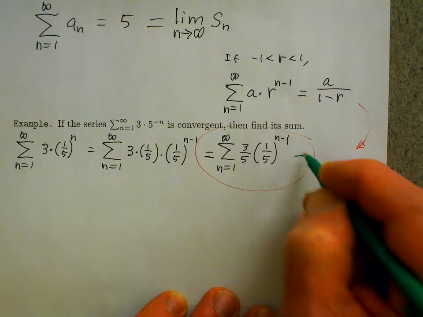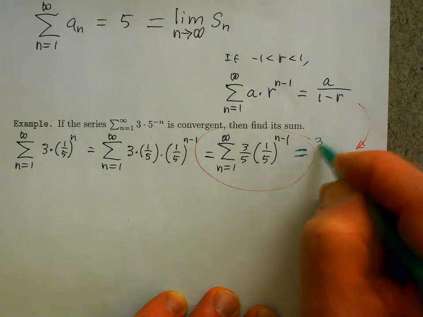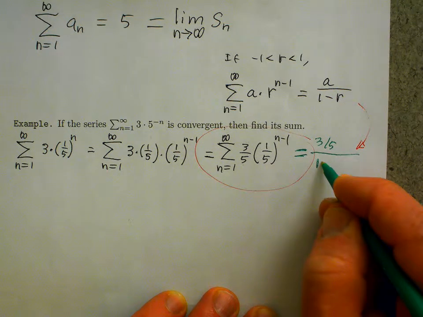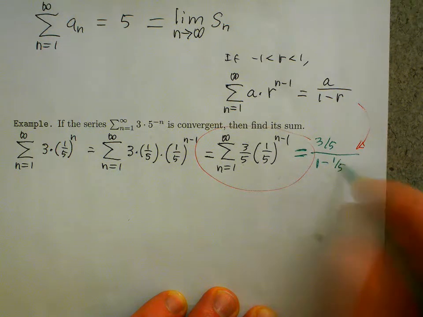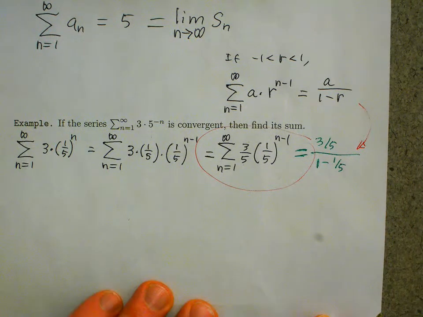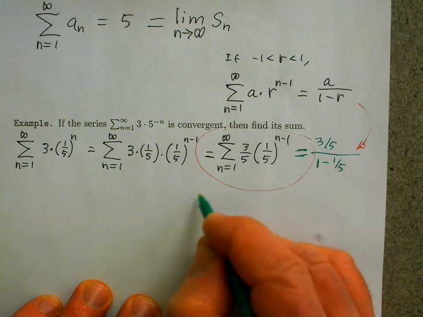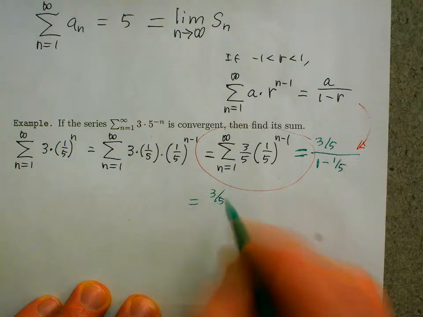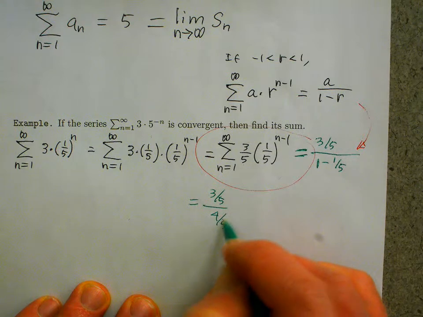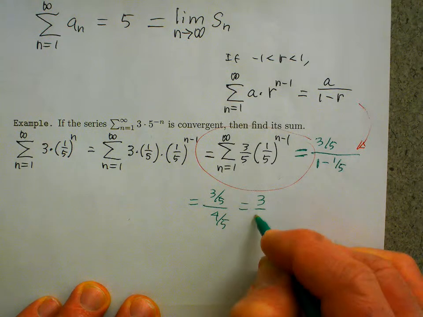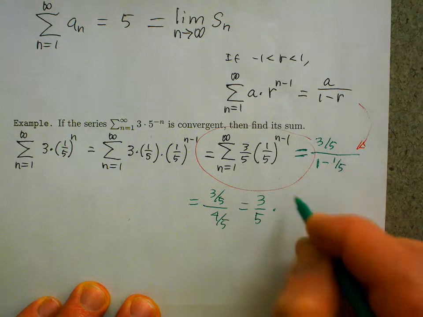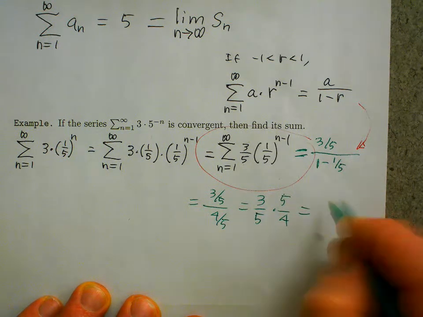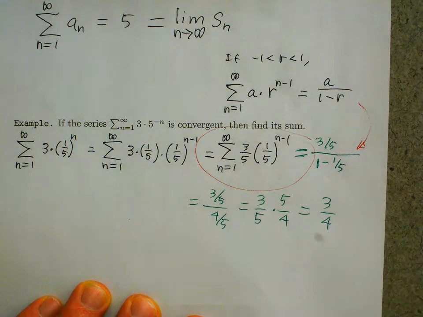So it converges to (3/5) divided by (1 - 1/5). And then we just do the arithmetic. 3/5 divided by 4/5 is 3/5 times the reciprocal of 4/5. Oh yeah, now I remember, it converges to 3/4.